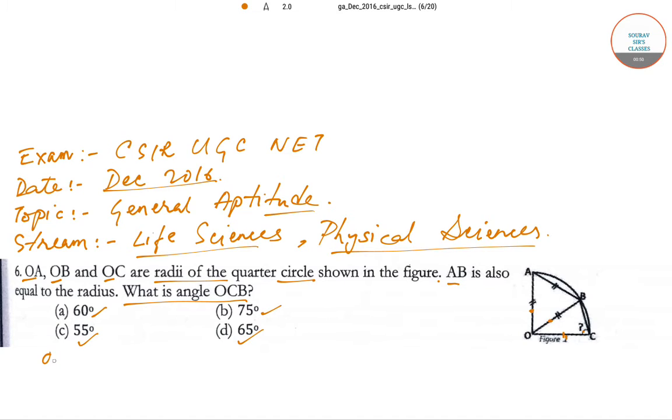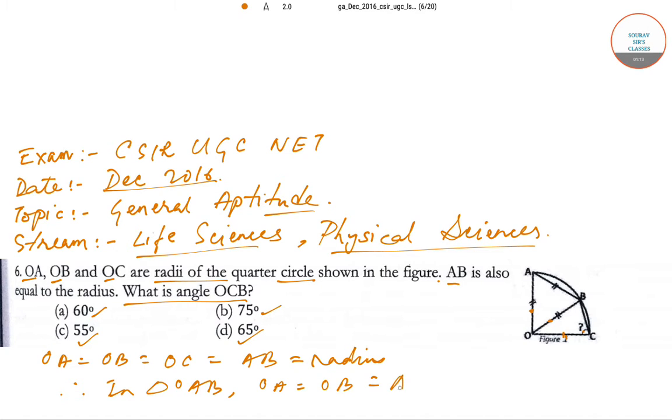Now it has been given that OA is equal to OB is equal to OC, which is equal to the radius, and also AB is also equal to the radius of the circle. So therefore we can say that in triangle OAB, OA is equal to OB and that is equal to AB.